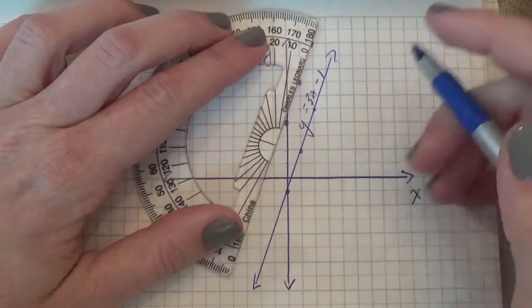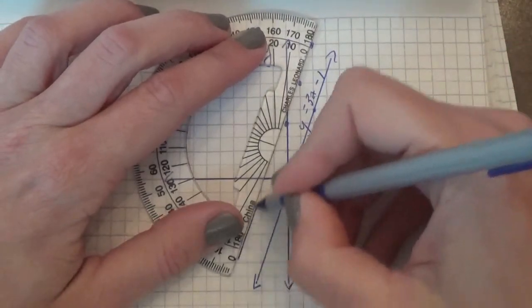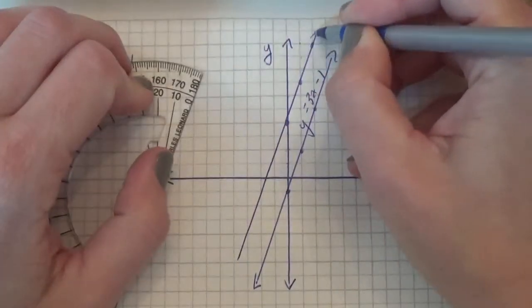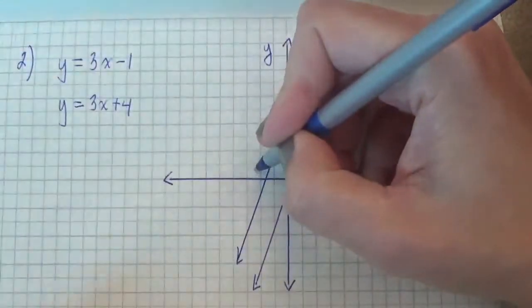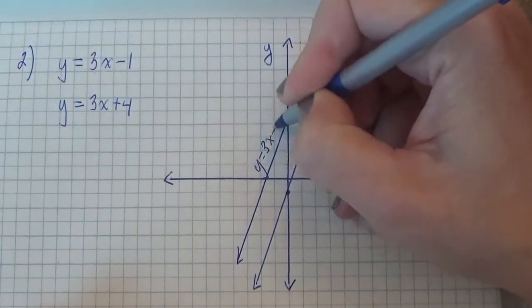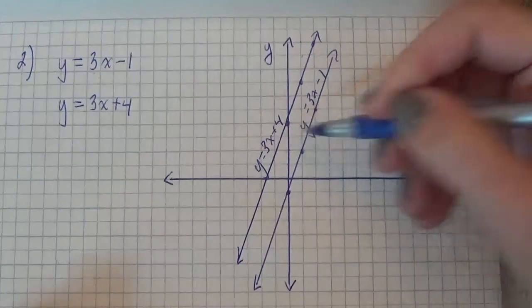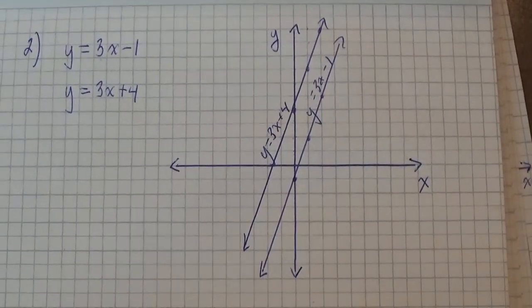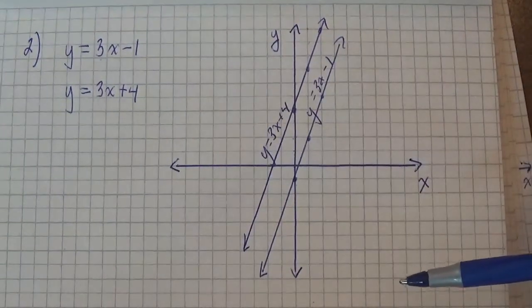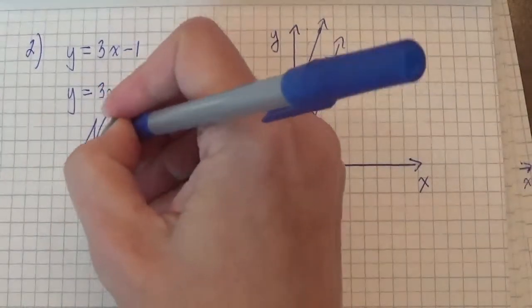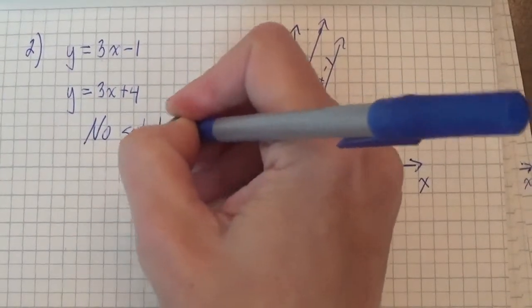Why? Because they have the exact same slope. If you have the exact same slope, you are parallel and you're never going to cross. So if you're never going to cross, this system of equations actually has no solution.